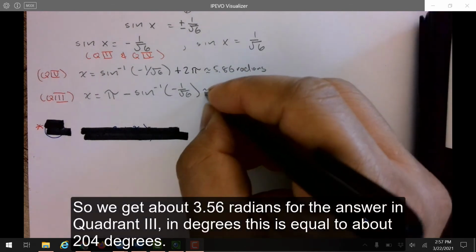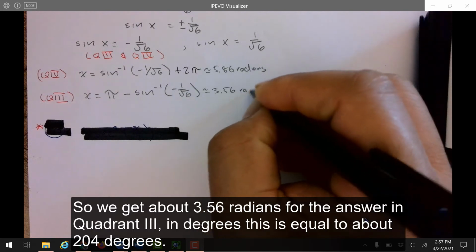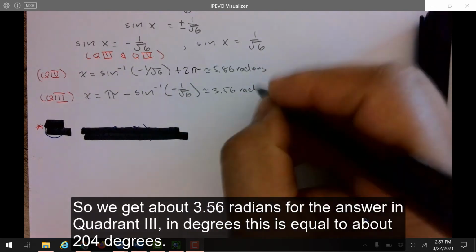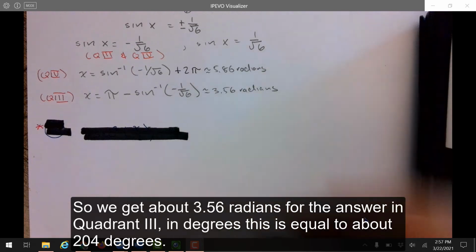So we get about 3.56 radians for the answer in quadrant 3. In degrees, this is equal to about 204 degrees.